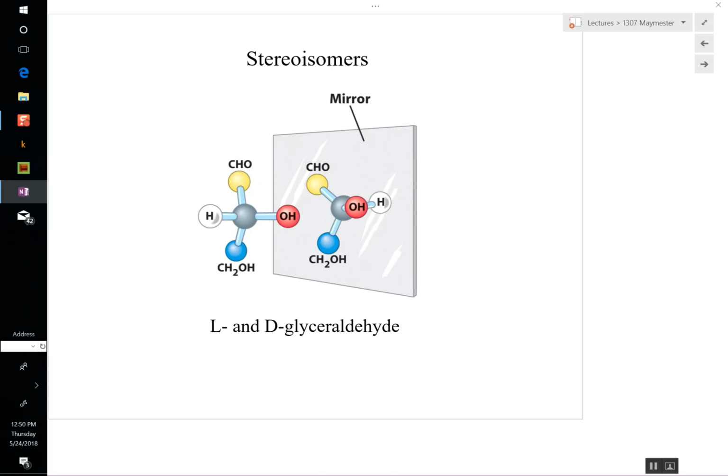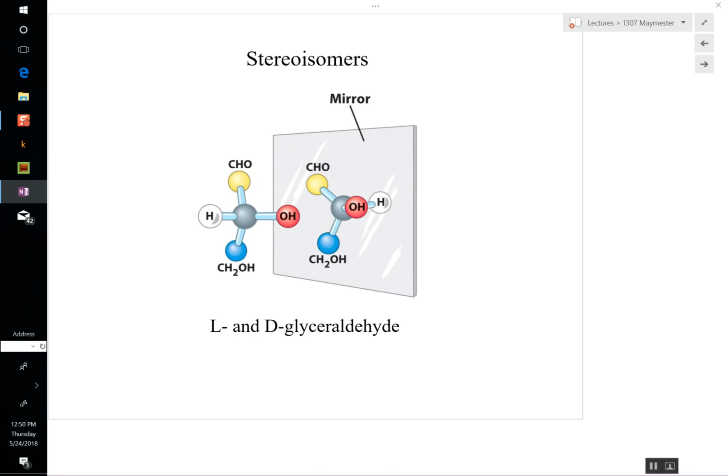I can come up at the top and I can superimpose that carbon and that oxygen and that hydrogen on each other. No problem there. They're superimposable. The problem comes in this middle carbon. And why? This middle carbon has 4 things on it.